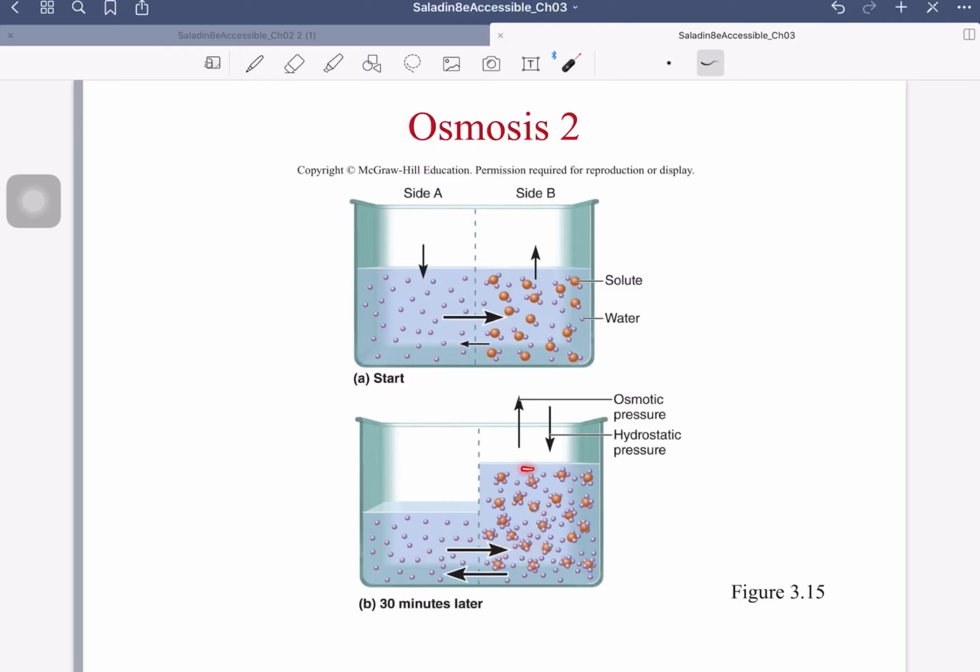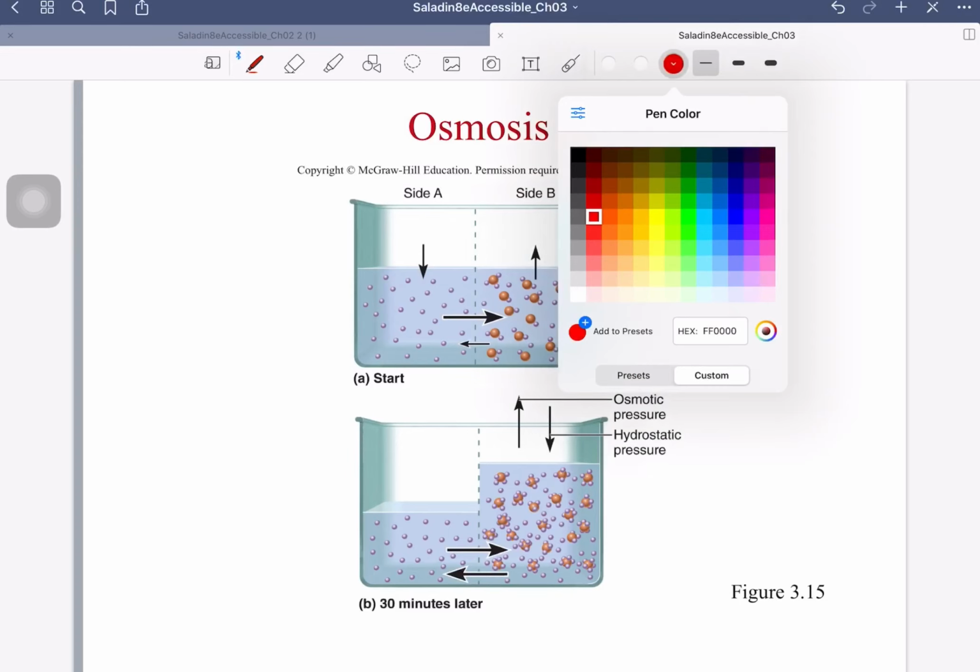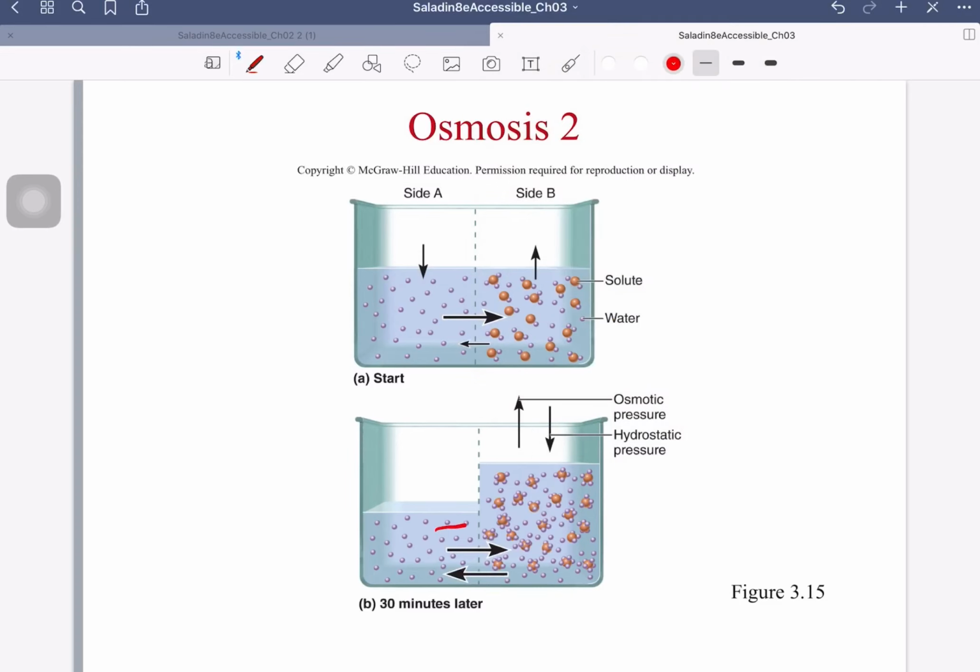But because water has weight, it's going to have its own pressure, and the hydrostatic pressure is going to start to force water back. Eventually I should hit a point of equilibrium where the flow of water in this direction is equal to the flow of water in that direction. So once again, the two forces in this case were the osmotic pressure and the hydrostatic pressure.